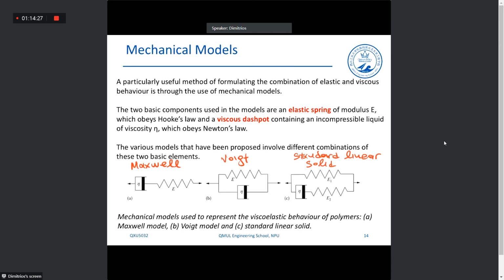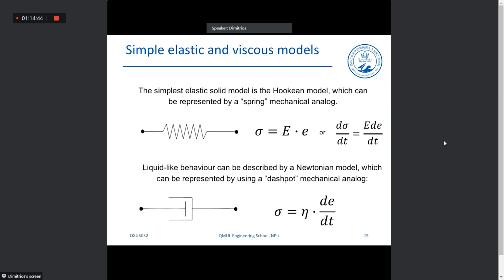It is a combination of a spring connected in parallel with a dashpot and another spring, which are in series. So that is what we already discussed. These equations, we will be using them in a second in order to reach the final equations for the Maxwell model and the Voigt model.